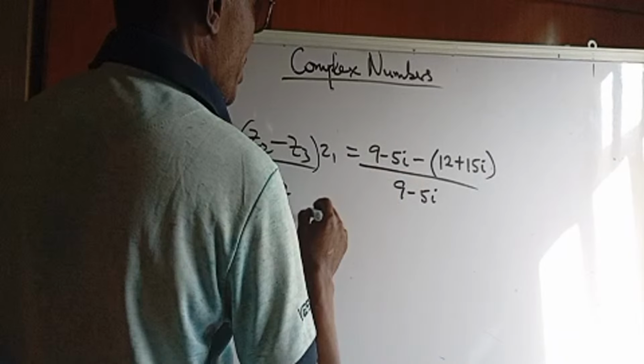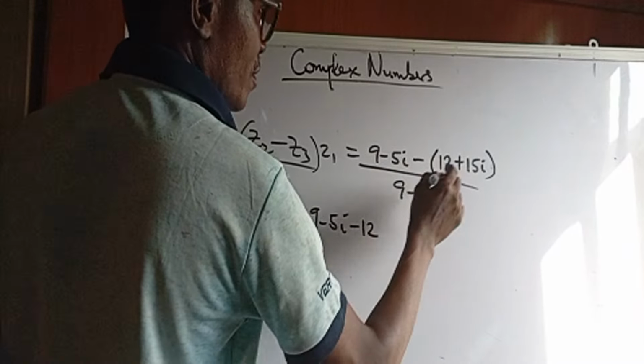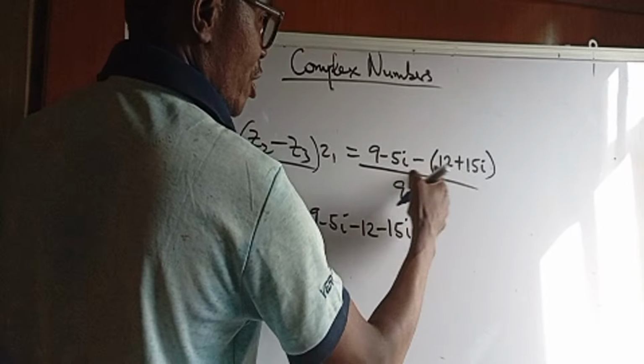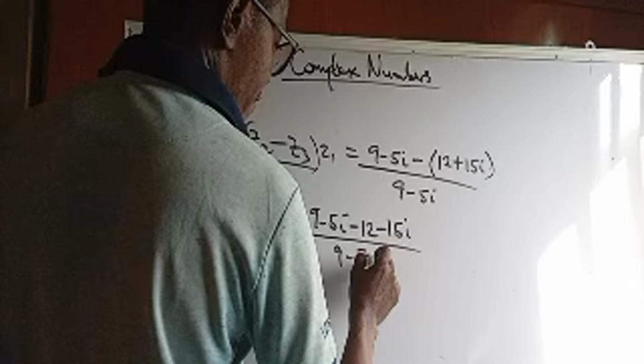So opening up, we have 9 minus 5i minus 12 minus 15i, expanding with the minus sign, all over 9 minus 5i.